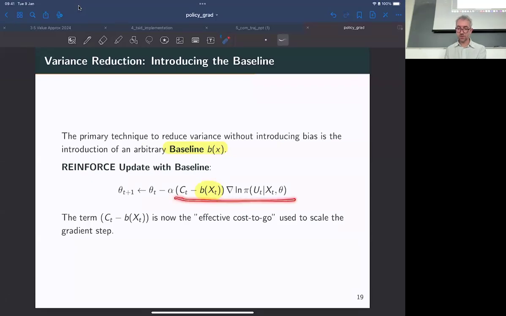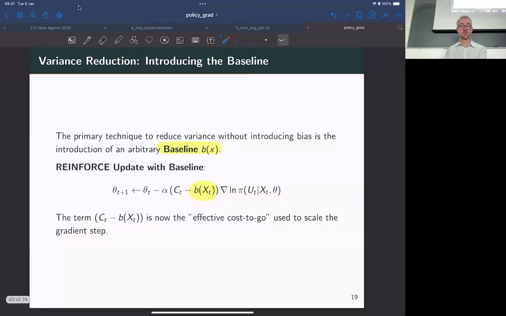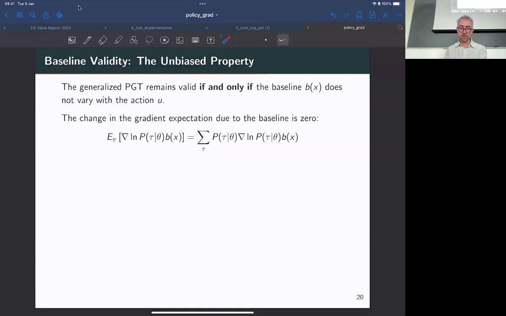So this new policy gradient, you can see it as the previous policy gradient plus an extra term, which is the baseline times this. And if you go back to the slides to see how we derived that expression, we started from something that looked like that, where here I'm replacing the cost to go with the baseline, because that's the term we're adding. So if we can show that this expectation is 0, then we have shown that we are not introducing any bias in our policy gradient estimate.